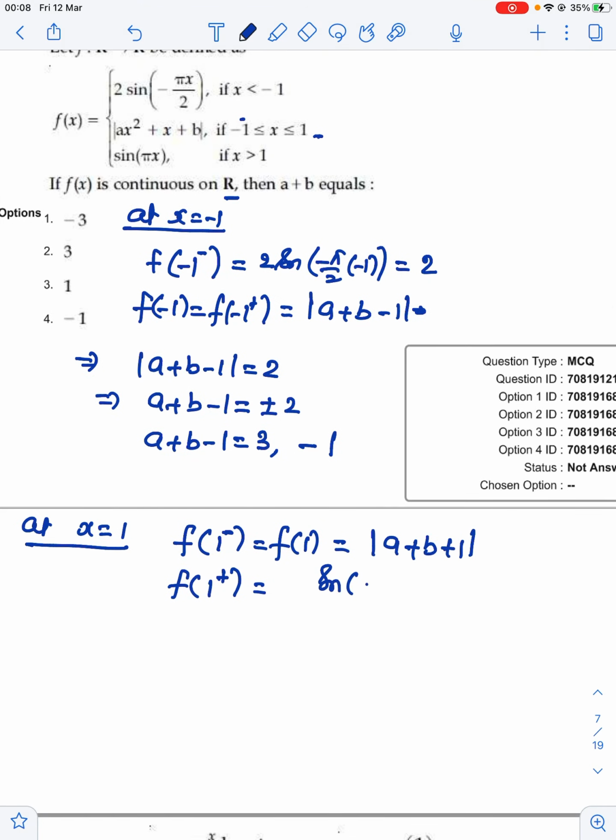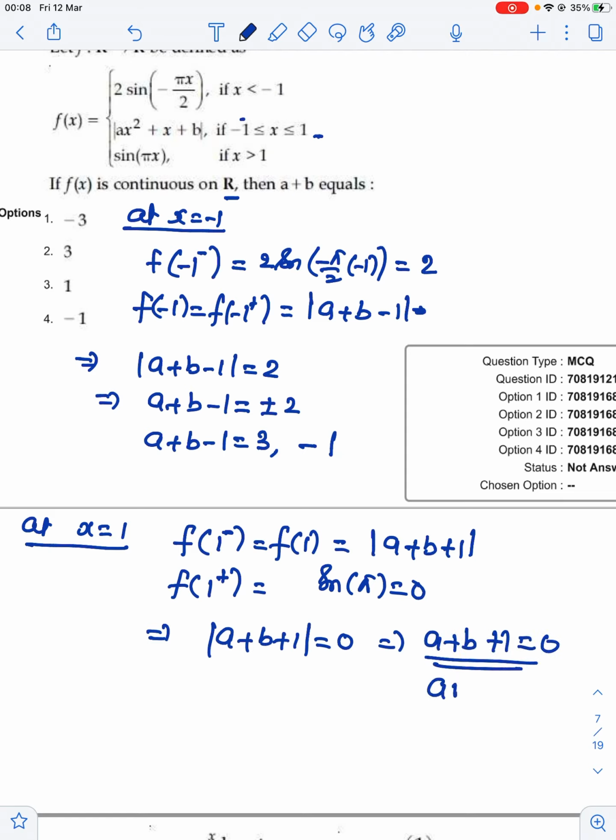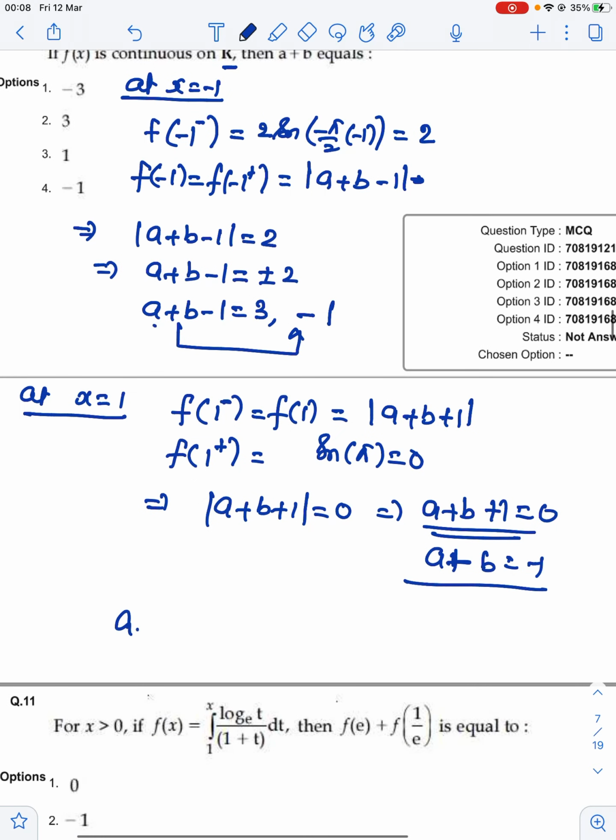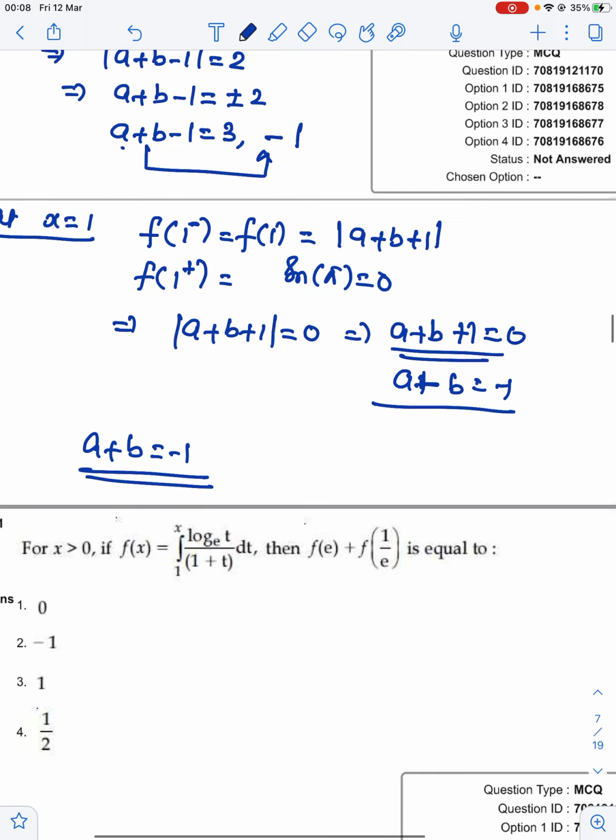So when we put 1, sin pi has to be 0. So from here modulus of a plus b plus 1 equal to 0. That means a plus b plus 1 has to be equal to 0. So from here a plus b is equal to minus 1, which is the common solution, common possibility for function to be continuous in the first case and the second case. Hence a plus b has to be equal to minus 1.